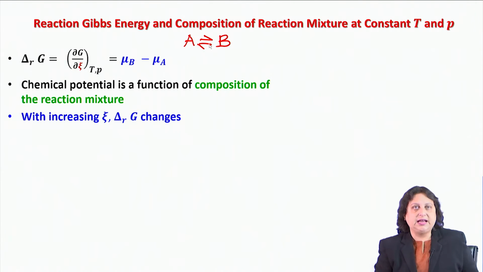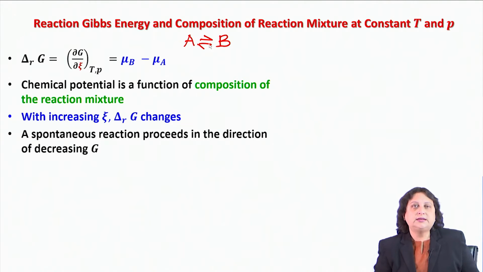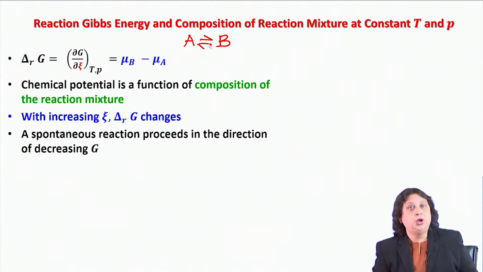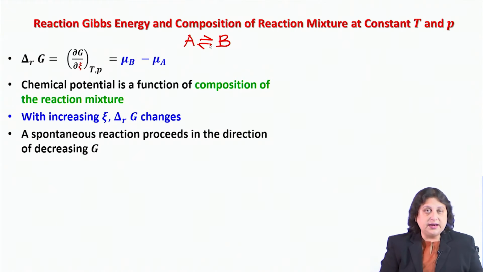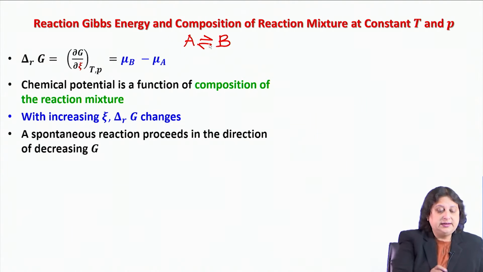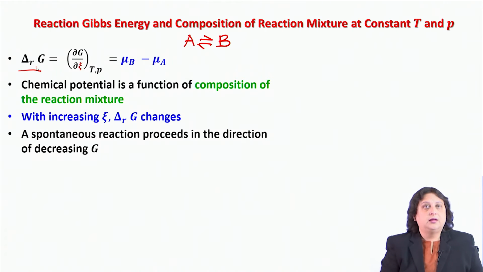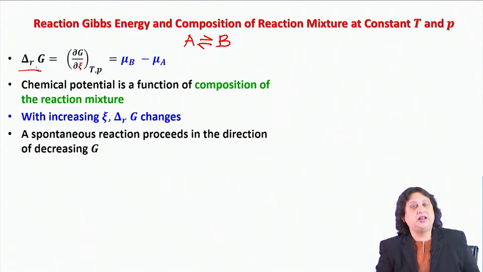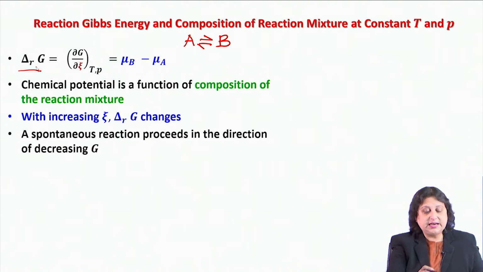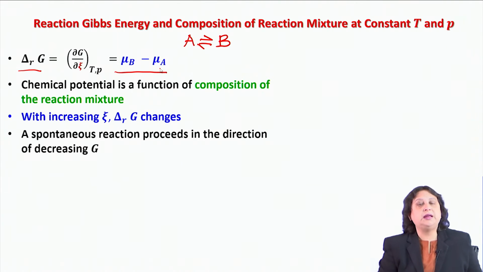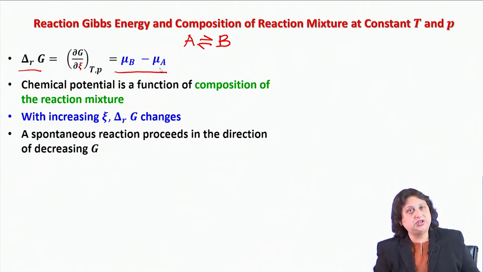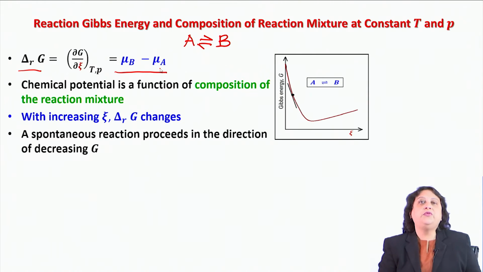Now with increasing xi, I would understand, therefore, the reaction Gibbs energy would change. And I would also understand that a spontaneous reaction proceeds in the direction of decreasing G. So now can I use delta r G to predict the direction of spontaneous reaction instead of having to estimate the chemical potentials? And this is how we do it.